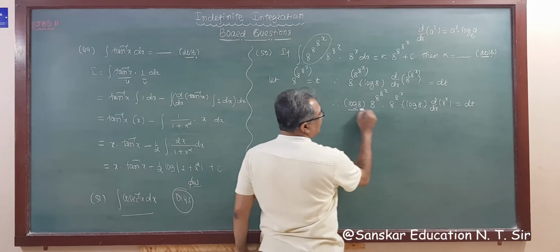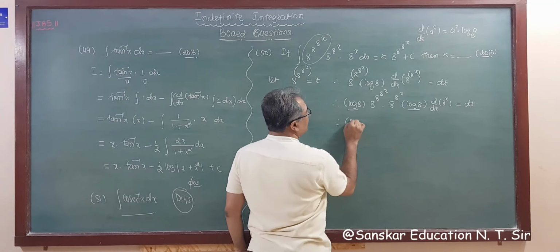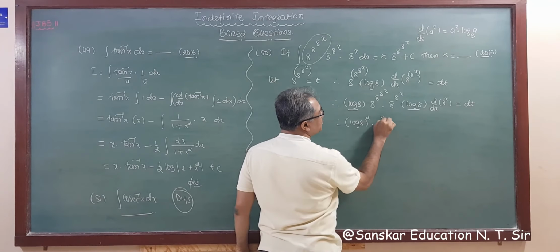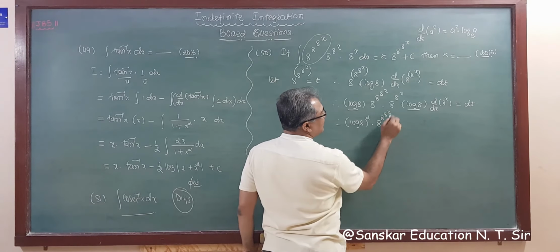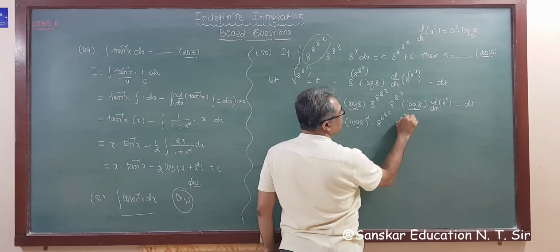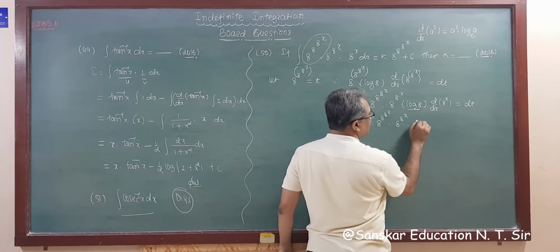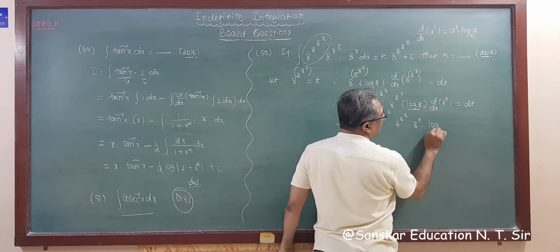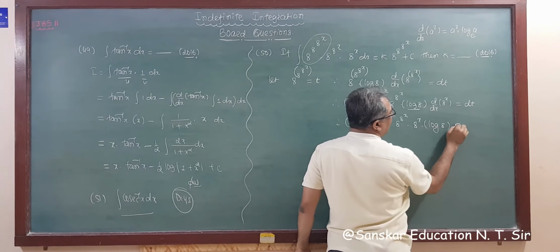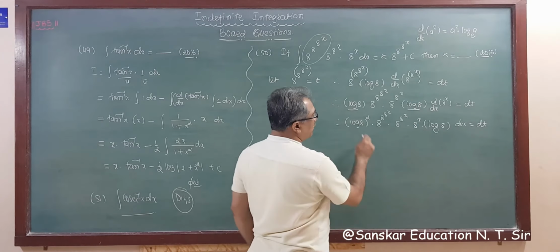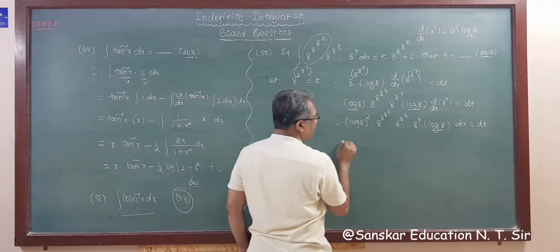Now this is log 8, this is log 8, so log 8 whole square into 8 raised to x, and this is 8 raised to x. Now this is your standard formula, so the derivative of this is a raised to x into log 8 base e, and dx is equal to dt. So log 8 whole cube, right, will come.